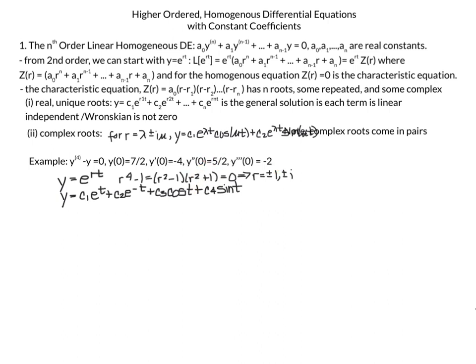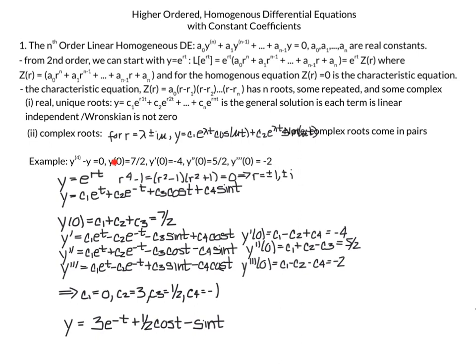This r squared plus 1 will give us r is equal to plus or minus i. Therefore, the solution to our equation is c1 e to the t, that comes from r equals 1, plus c2 times e to the negative t, that comes from r equals negative 1, plus, from r equal to i, we get c3 cosine of t plus c4 sine of t.